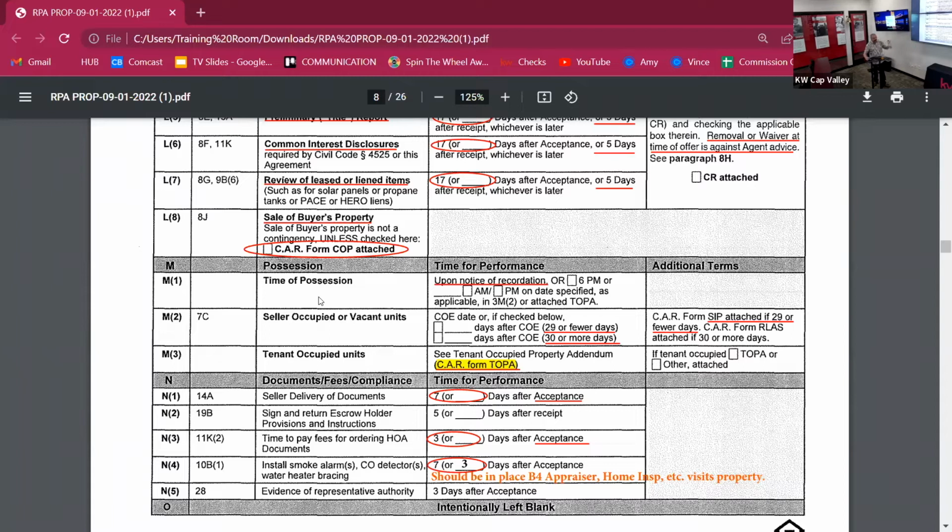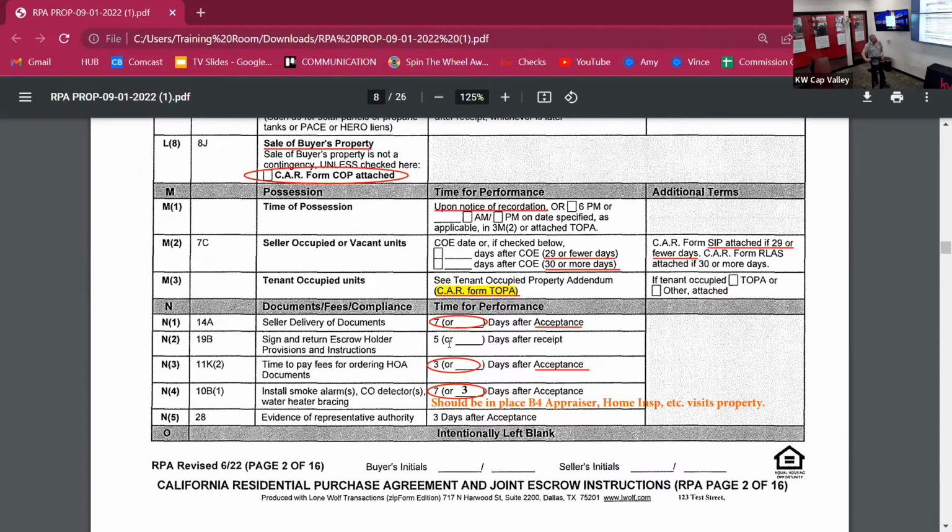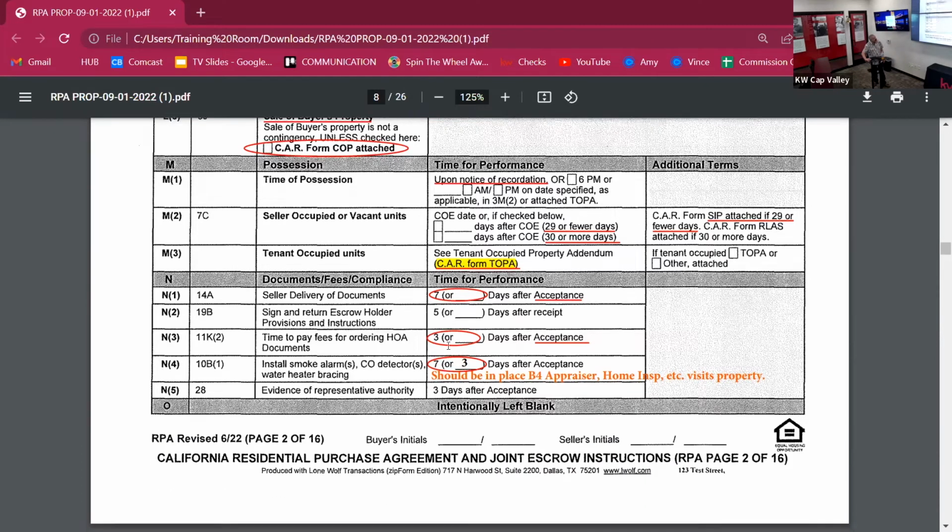If you look at the next section right here, seller occupied or vacant units, it's got these two little boxes you can check. Close of escrow date. What this is saying is this is an occupancy after the escrow.